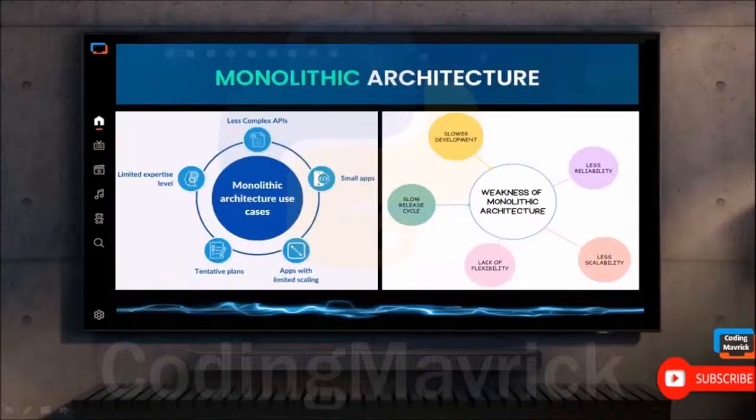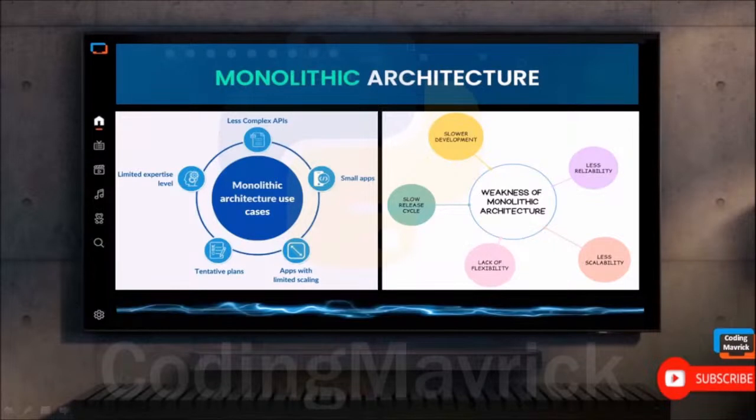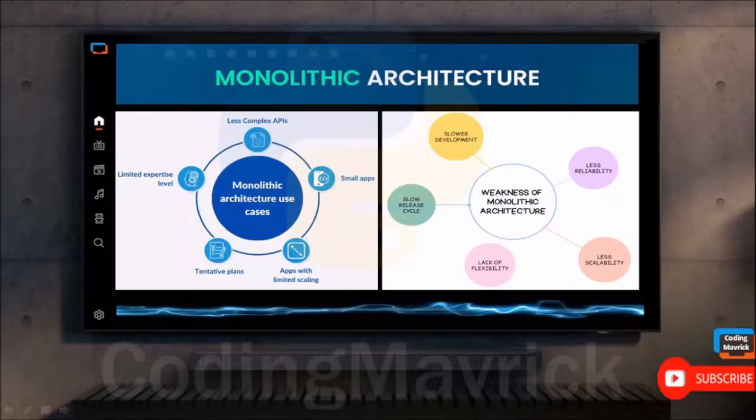Viewers, in short, monolithic architecture comes with several challenges. Over here, everything is tightly coupled, meaning even a small change in one part can affect the entire system. And the deployments become slow and risky because you have to redeploy the whole system every time.